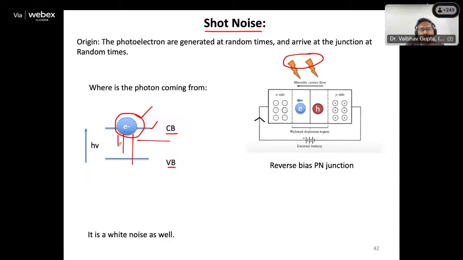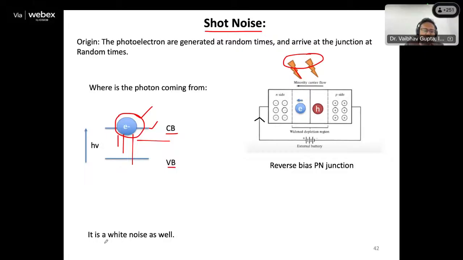That I don't know. And this inherent randomness created the shot noise, that the first photon maybe comes at 1 second, the next one comes at 1 plus 8 picosecond, the third one comes at 1 plus 8 plus 7 picosecond or something. So there is not a constant interval, there is a random interval between the photons coming.